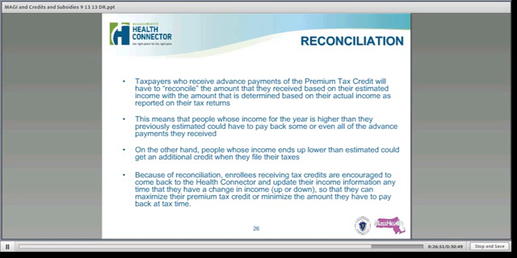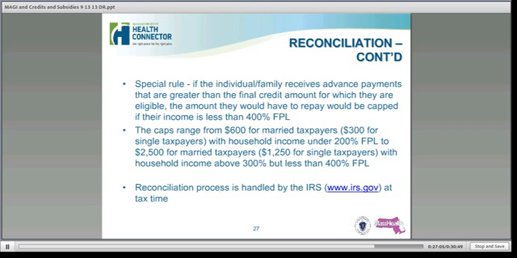Really important for our consumers to know, for all of us to keep in mind, is that taxpayers choosing to take the tax credit will need to reconcile the payments on their tax return. Okay? So really, really important to know. On slide 12, an individual or family will apply through the mahealthconnector.org or through the HICS system to determine if they're eligible.